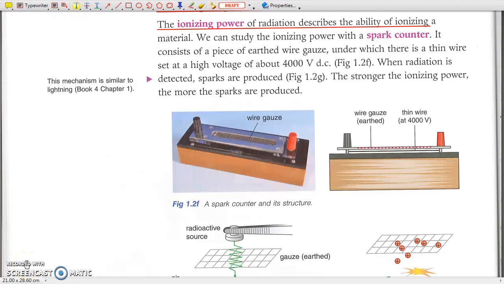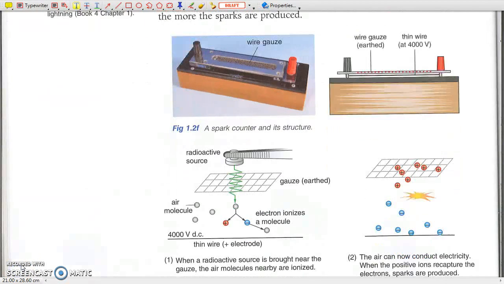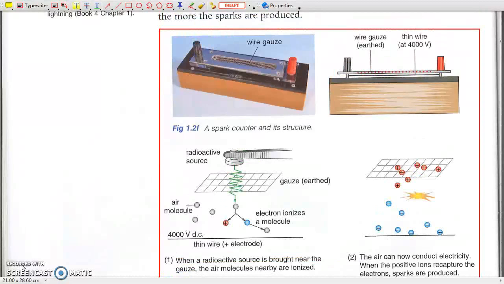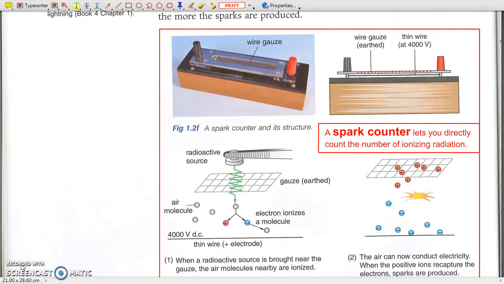Nevertheless, different types of ionizing radiation have different ionizing powers. A spark counter counts the number of radiation when they produce ion pairs. The voltage between the electrodes, which are the anode and cathode, is high, but just a bit lower than needed to ionize the air directly.